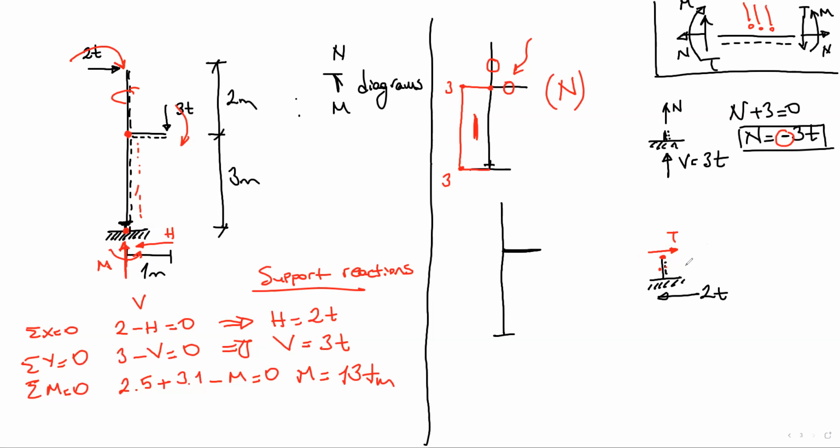Now we have T here. T minus 2 equals 0. T is 2 tons. So at this point, I have 2.